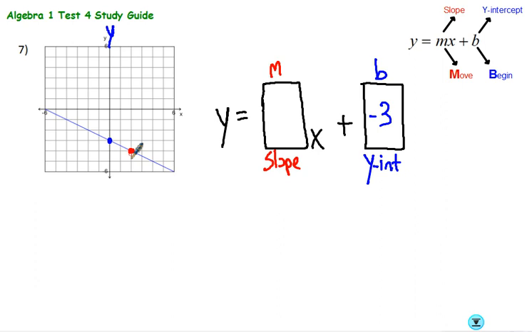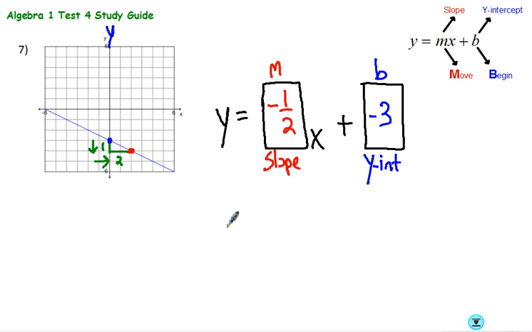So that must have been where they dropped the other point. So how many down and how many over? It looks like you would go down 1 and right 2. Because we went down 1, that would be a negative slope, so it would be a -1/2. Had we gone up, it'd be a +1/2, but since we went down, it was a -1/2.